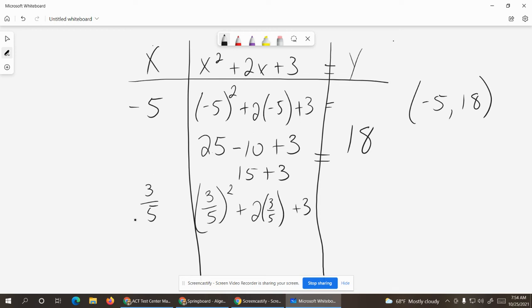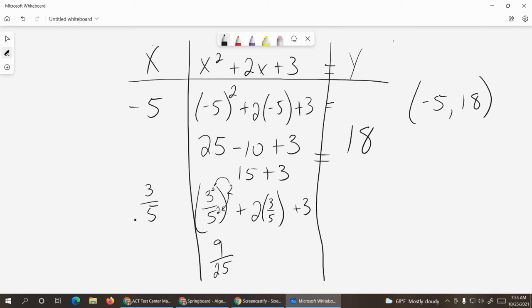So either you say, well, what's 3/5 times 3/5? Or you square the 3 and you square the 5. So what is 3 squared? 9. What is 5 squared? 25.